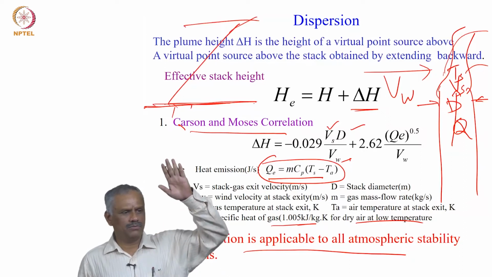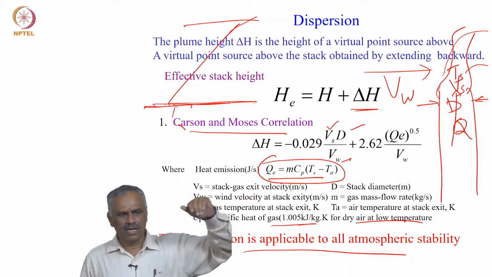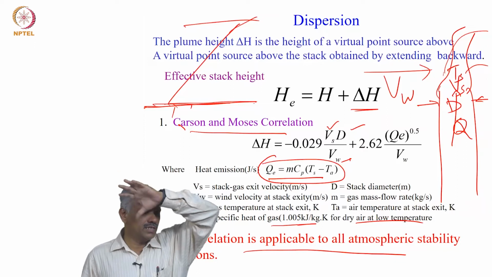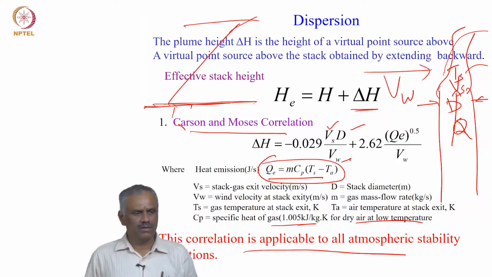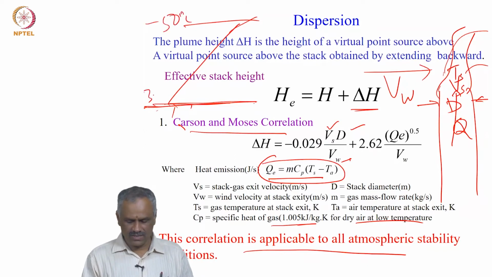You know that aeroplanes fly at 13 kilometers or 35,000 feet. There the temperature is about minus 50 degrees Celsius. Here if it is 30 degrees, there is a huge temperature difference.